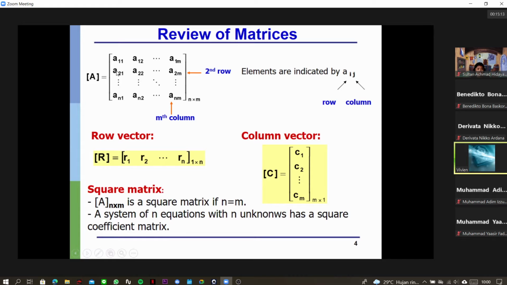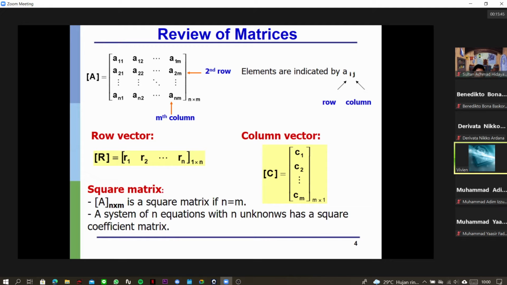The elements inside matrix A can be written as Aij, in which the first subscript denotes the row and the second subscript is the column. So say I have A21. That means this is the element in the second row and first column of matrix A. This is how to locate or denote an element inside matrix A.